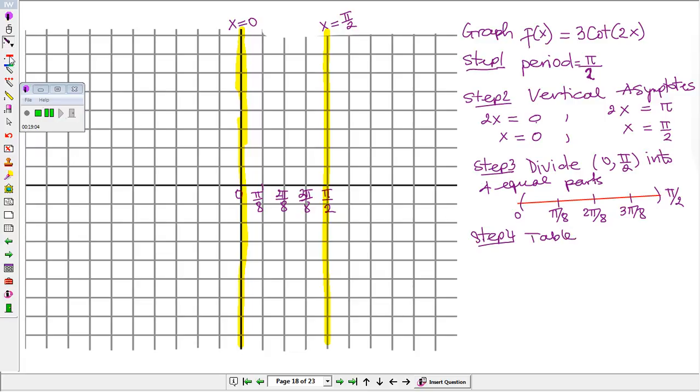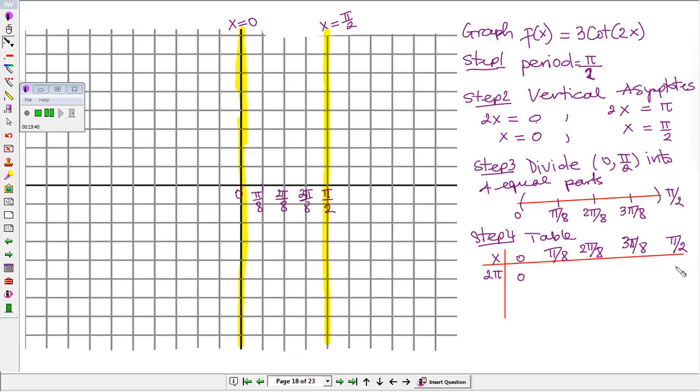Step 4, we're going to make a table. Our table will have the 5 values from step 3: x is 0, pi over 8, 2 pi over 8, which you can reduce to pi over 4, 3 pi over 8, and pi over 2. Again, we start from the innermost, which is multiplying 2 to x.